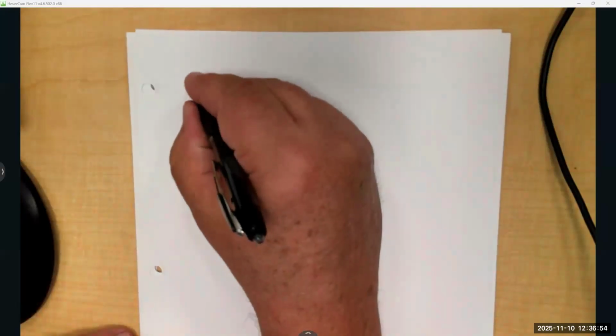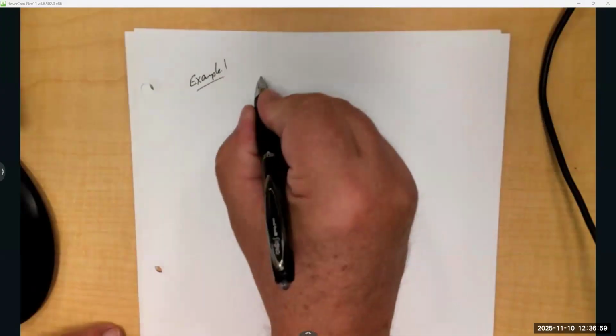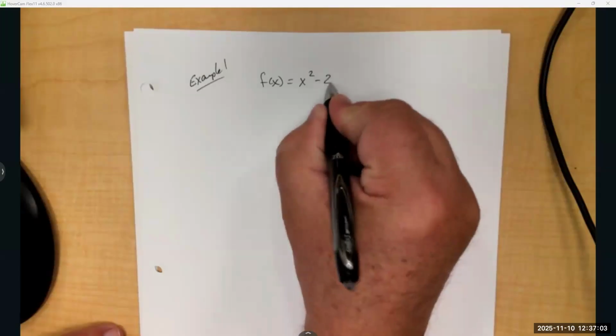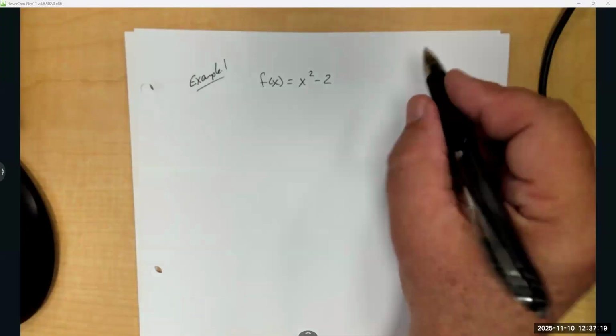Let's look at an example here. f of x equals x squared minus 2, and it says approximate the solution. Remember our formula.